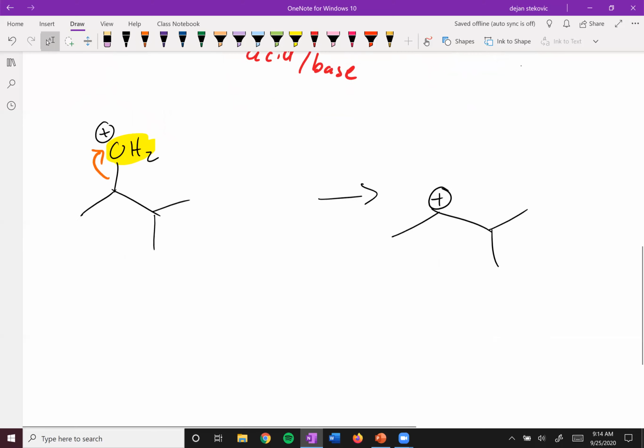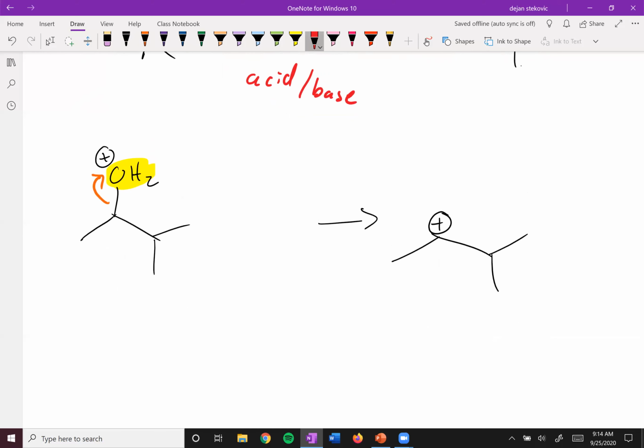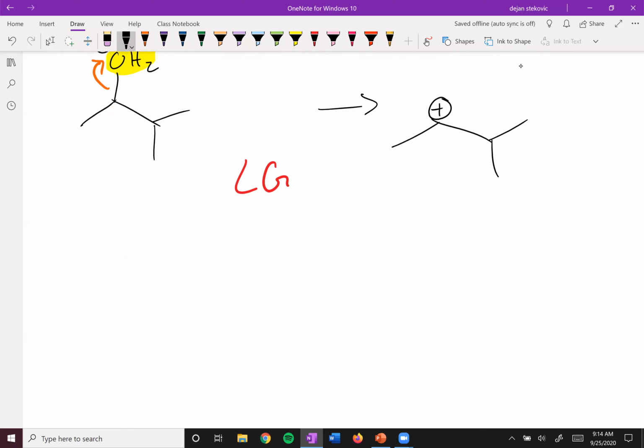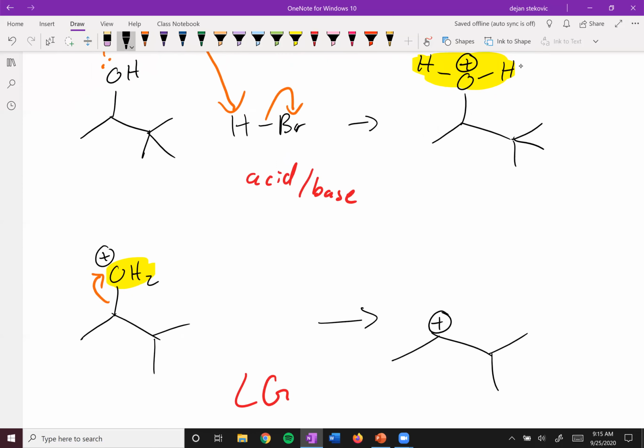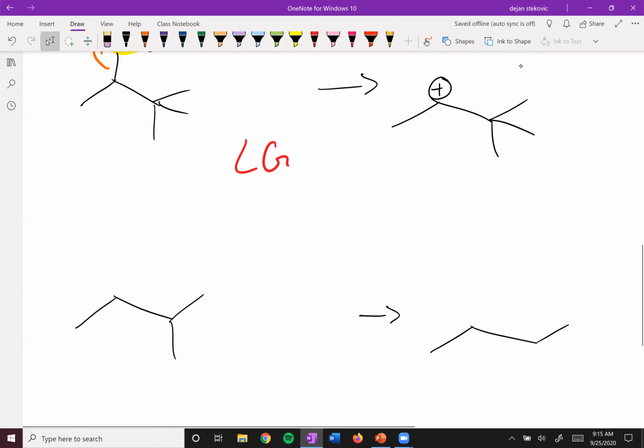This is an example of a leaving group leaving, so we'll just call that Lg. Got this methyl group and all of these components, my bad.